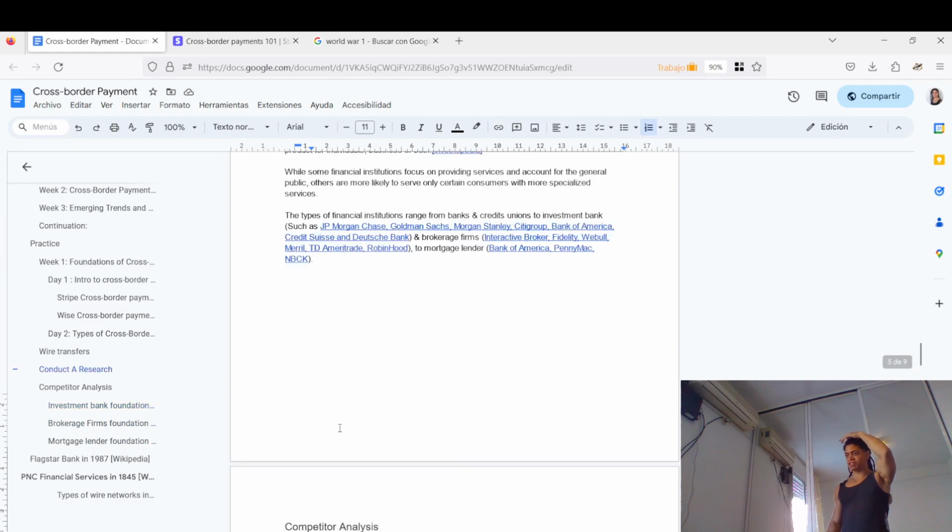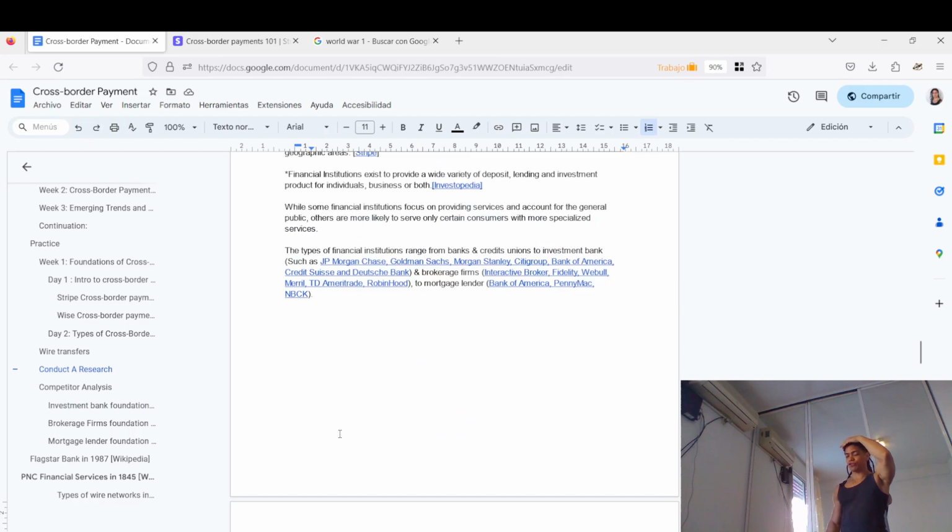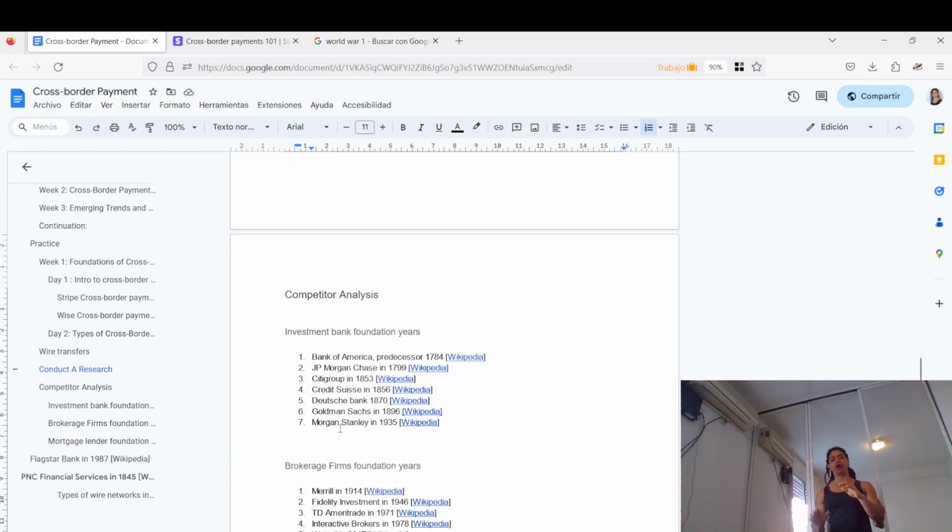So this is just to know about these types of financial institutions, not only banks, but also credit unions, which are much cheaper when it comes to issuing loans because they don't have the massive network that banks do.